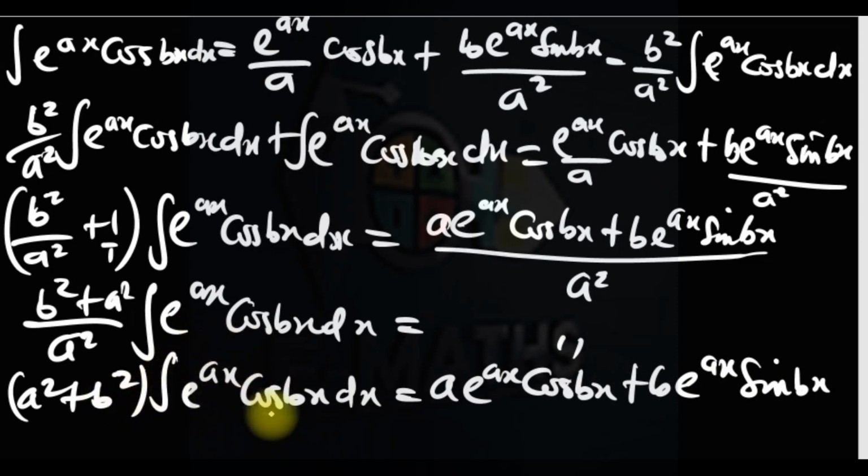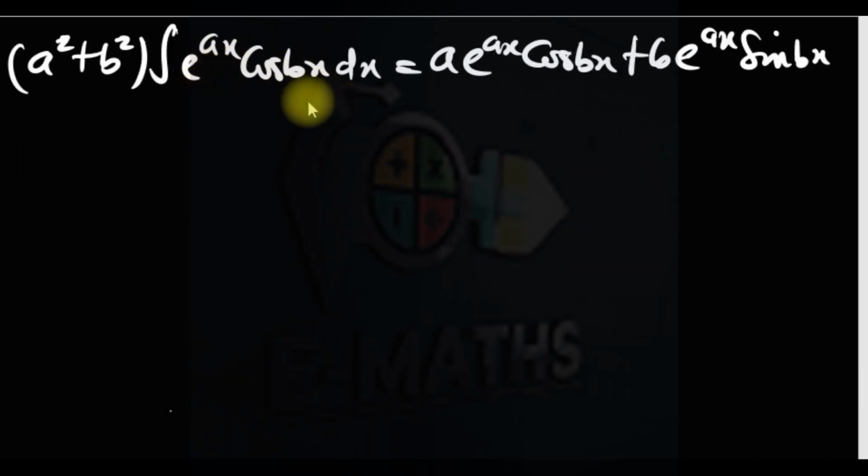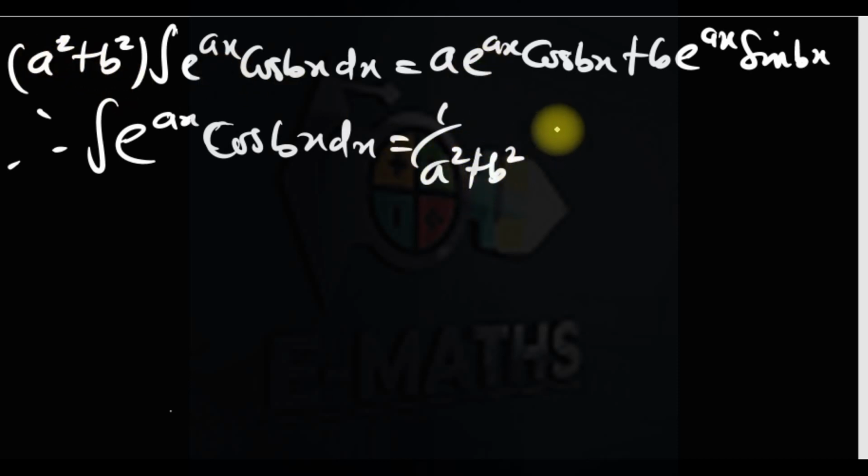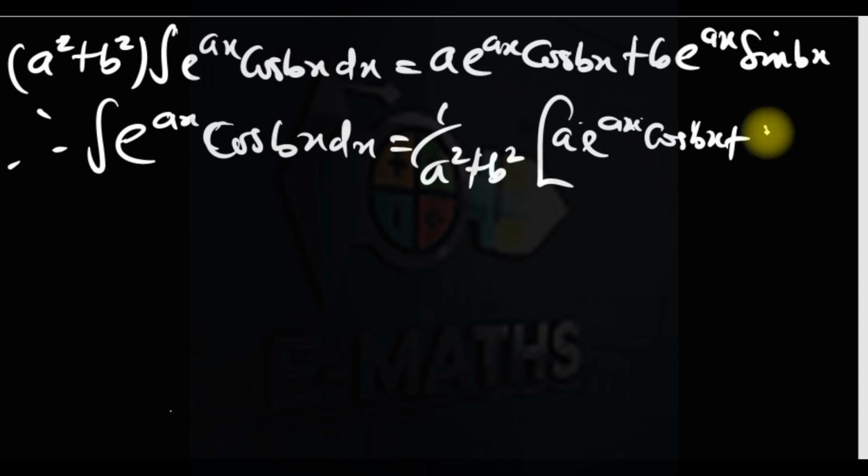Finally, we make the integral the subject of the formula. That's what we are looking for. Dividing both sides, the integral of e^(ax) cos bx dx is 1 over a squared plus b squared, times a e raised to power ax cos bx plus b e raised to power ax sine bx.